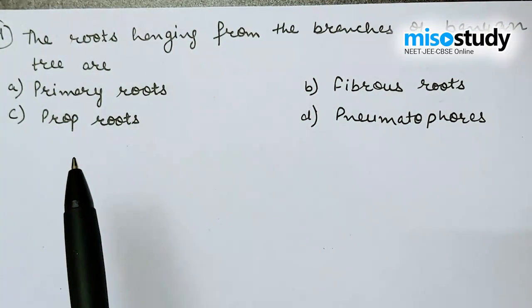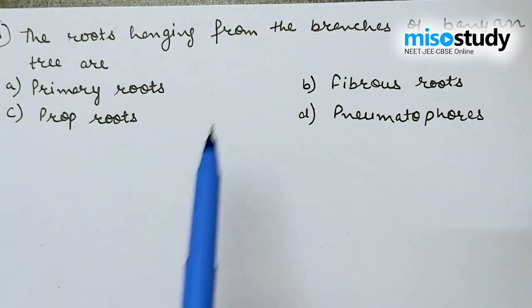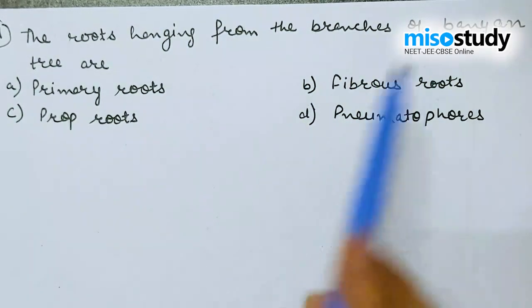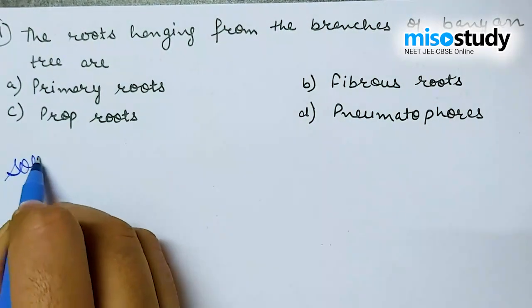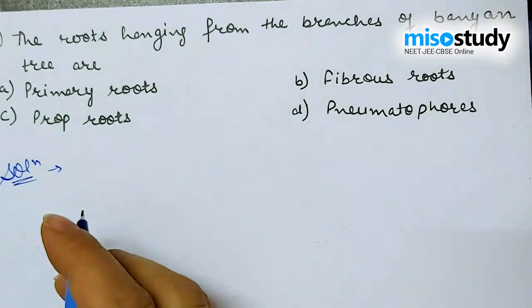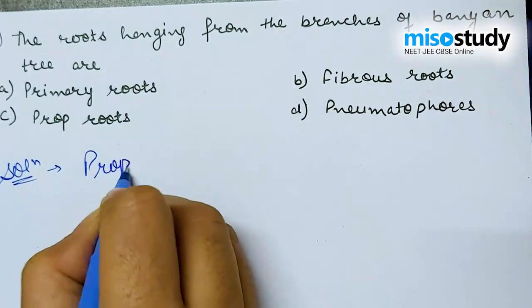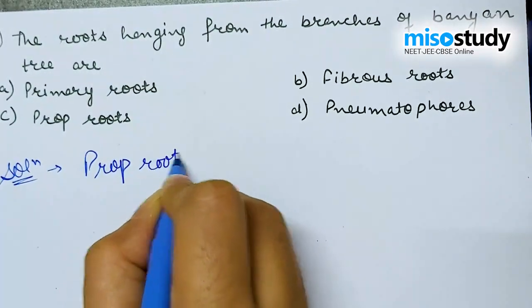As in the prior question, we just discussed the pneumatophores that are present in the halophytes, meaning plants which are generally present in water. Now we discuss the roots hanging from the branches of banyan tree. Before discussing that, we discuss the various kinds of roots. First, what are prop roots?